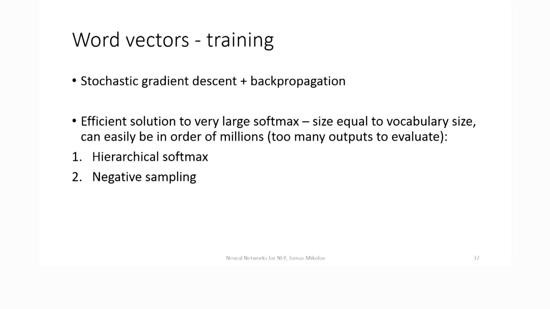We just want to evaluate some very small subset, and for that there are these two techniques: the hierarchical softmax, which has the idea of basically evaluating just some clusters over clusters of words. So you are trying to compute just a very small subset of the outputs from all of them.